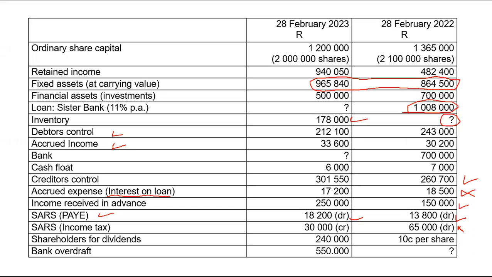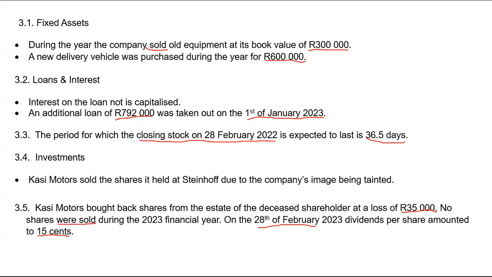Which is good because what do they say here? They said we bought back shares at a loss of 35,000. No shares were sold during the year, and dividends per share amounted to 15 cents per share.